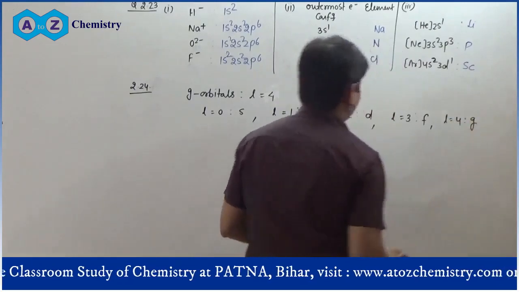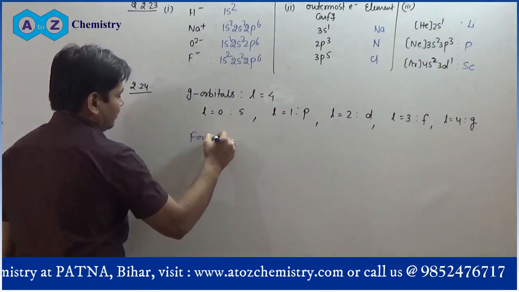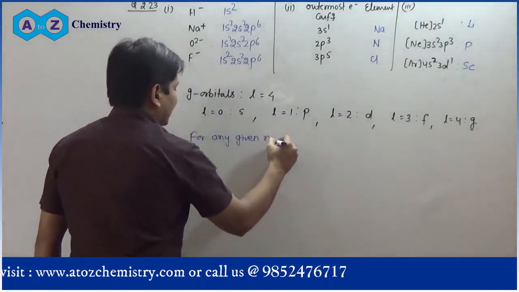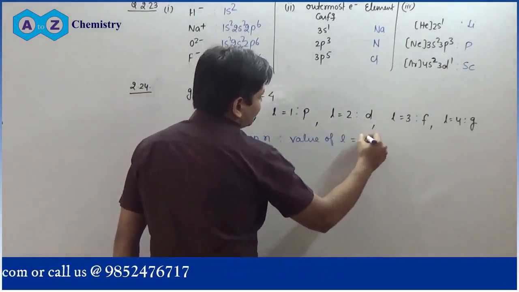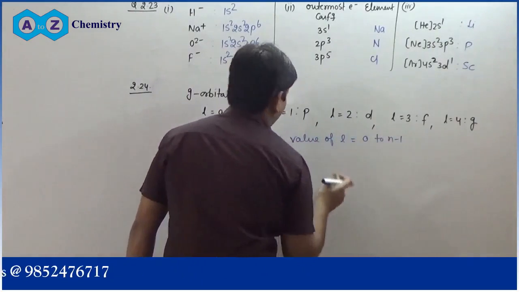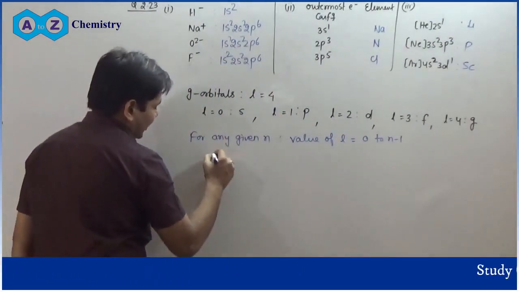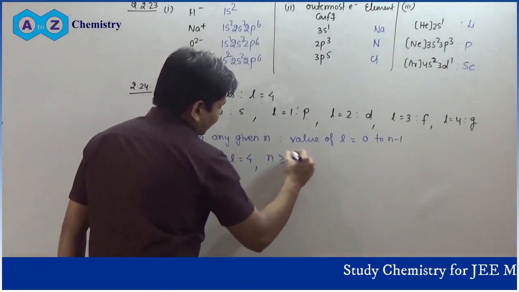and hence l = 4 is equal to g orbital. As you know, for any given n, the value of l will be from 0 to n minus 1. So if l is equal to 4, n must be greater than or equal to 5.